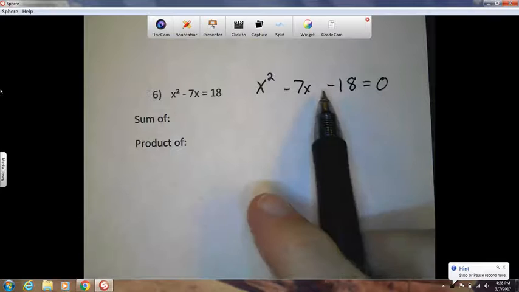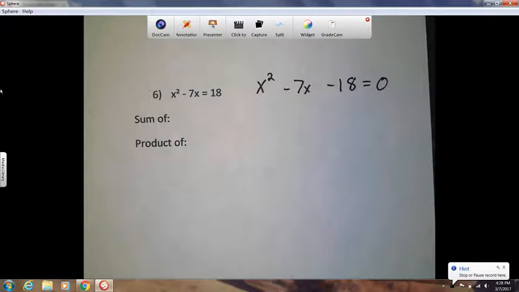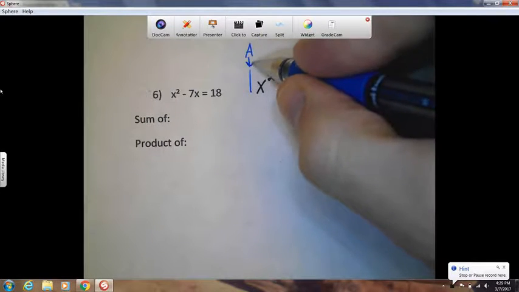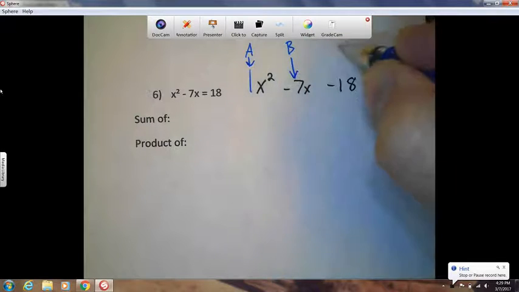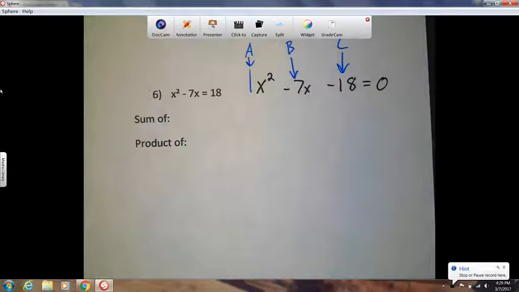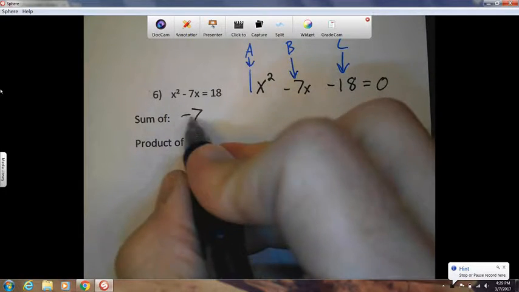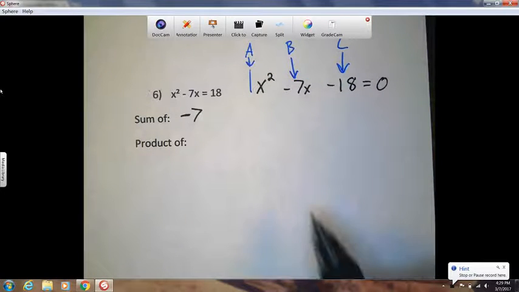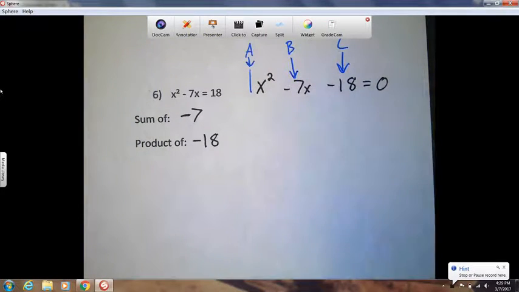So here's A, B, and C. I need a sum of negative 7 and a product of negative 18. So 1 times negative 18.